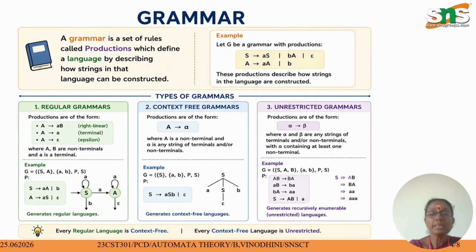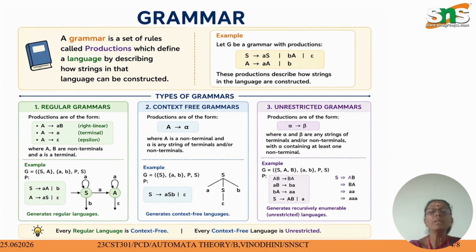A grammar contains four tuples: a start symbol, non-terminals, terminals, and a set of productions. On the right side we have an example of a grammar. The productions contain terminals, non-terminals and the start symbol. For example, S tends to AS or BA or epsilon, and A tends to small a, capital A or B. These productions describe how the strings should be constructed.